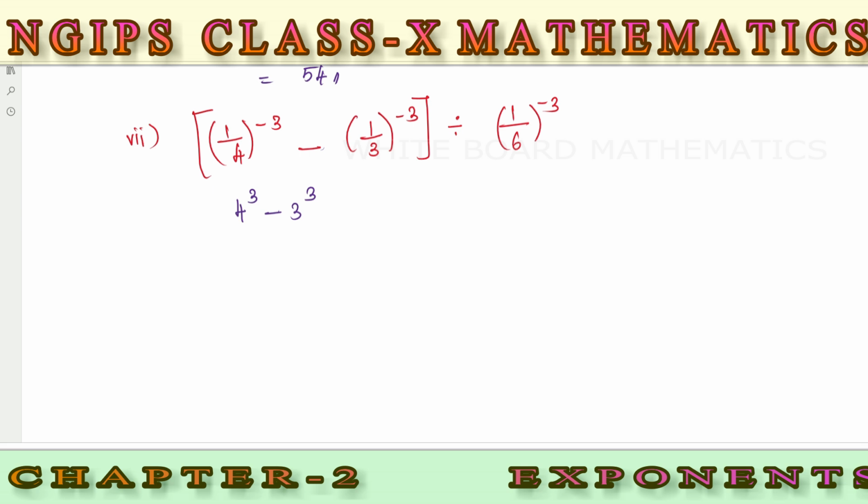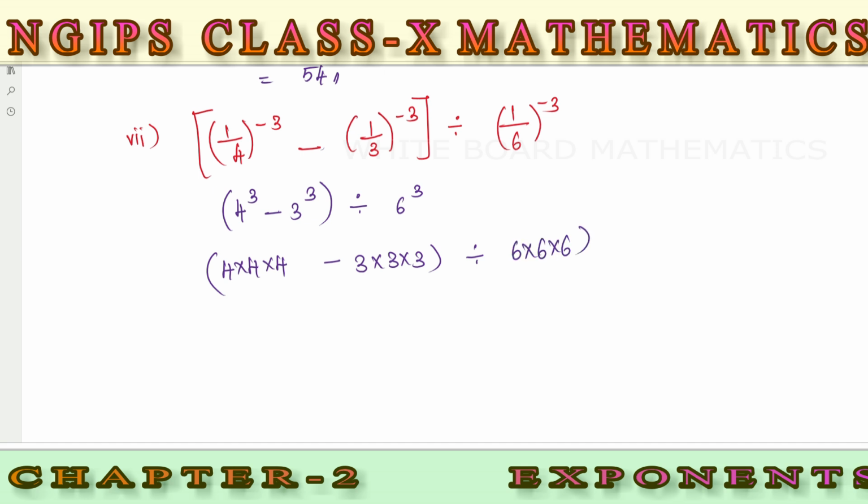We have the bracket divided by 1 by 6, which I can write as 6 power 3. So 4 cube means 4 into 4 into 4, minus 3 cube means 3 into 3 into 3, divided by 6 cube, which we can write as 6 into 6 into 6.